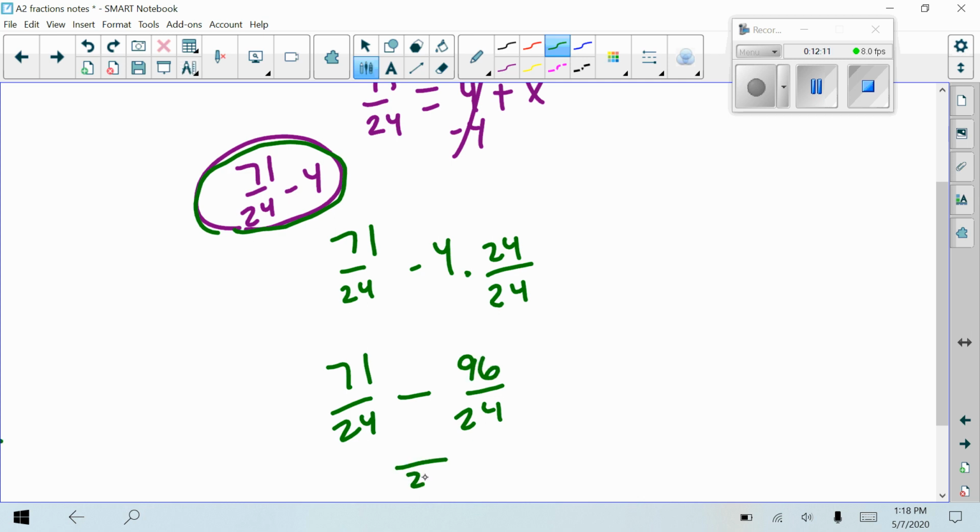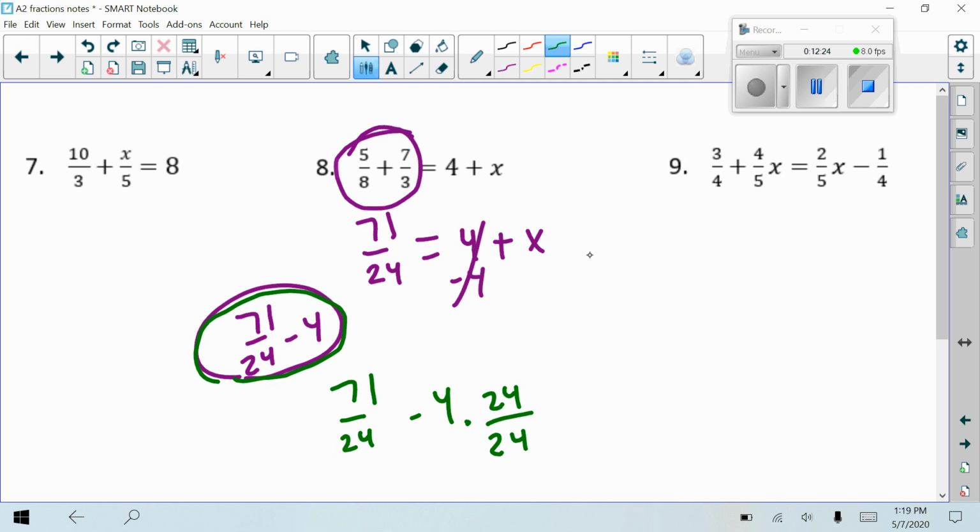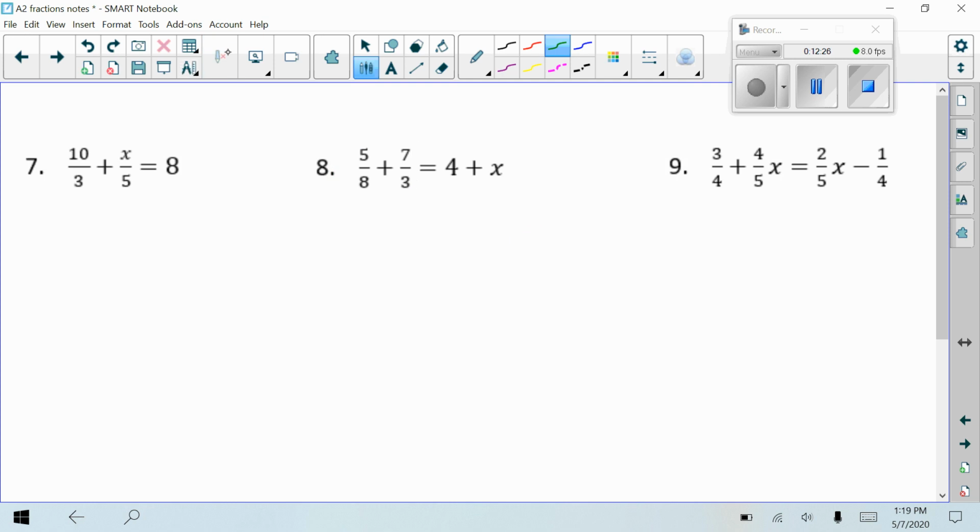And then we can combine them now that they are alike. 71/24 minus 96/24 is -25/24. So exact same answer by showing your work. Now we did still show work up here, so that will count. On your homework, make sure you are showing the work, common denominators on some of them, using a calculator maybe on 1 or 2 of them.